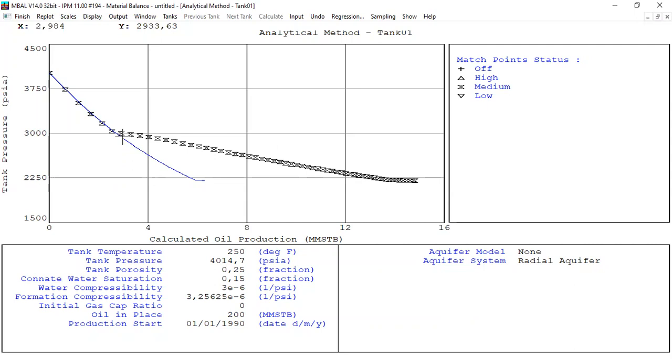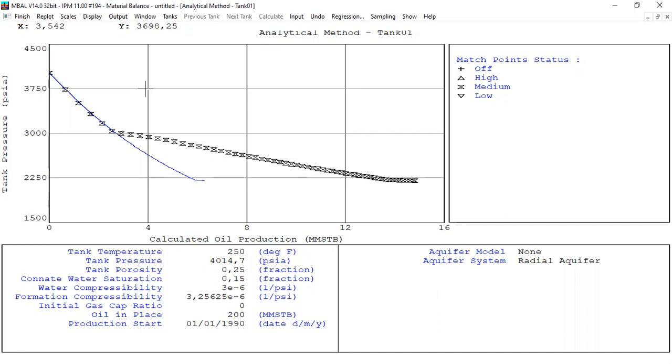Maybe it is aquifer, but most likely it's not. So instead of making an aquifer, I will create another reservoir. Maybe in reality I have another reservoir below this existing reservoir, or another reservoir above my current reservoir.